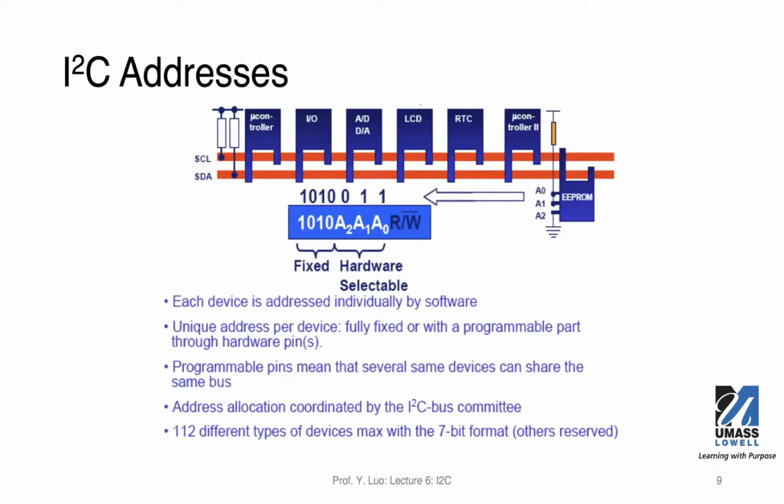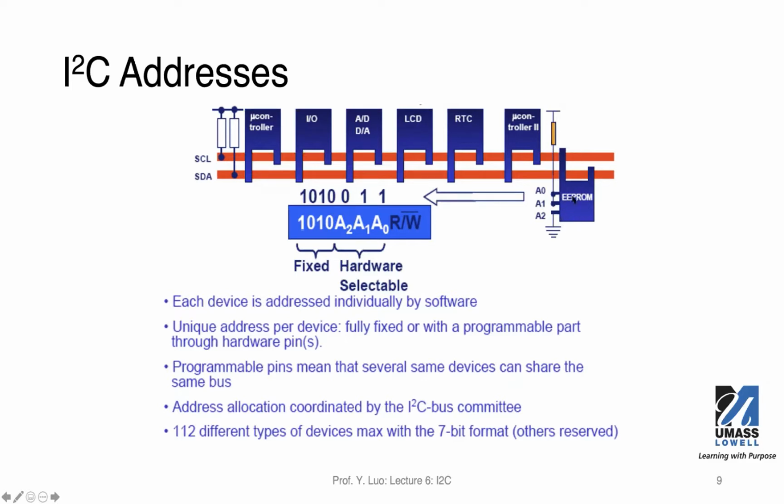This is another example. So we have quite a few I2C devices on this bus. We have pull-up resistors. We have a microcontroller, which is the master. We have I/O. We have ADDA. We have LCD, RTC, another microcontroller, and we have this EEPROM.